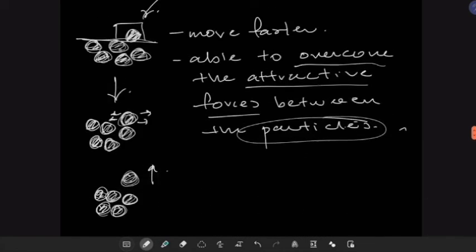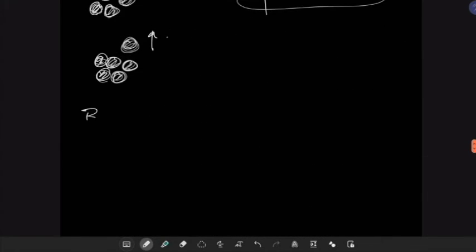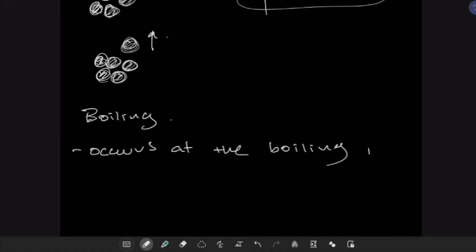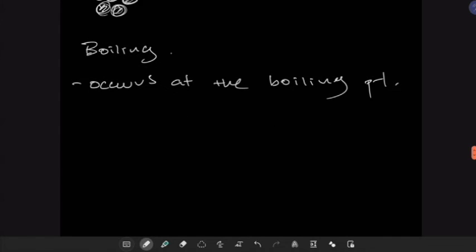Now let's talk about boiling. What is so different about boiling? You see, boiling occurs at the boiling point. Without making this too complicated, let's talk about water. Let's go back to water. As we know, water has a freezing point of 0 degrees Celsius and a boiling point of 100 degrees Celsius.